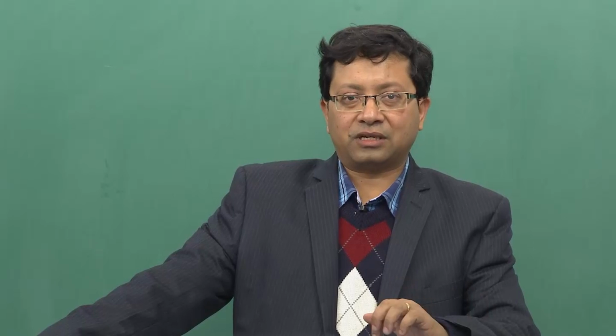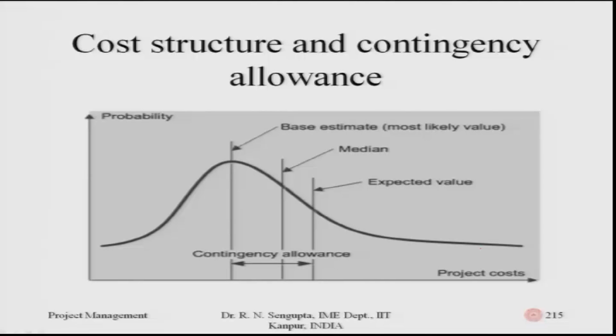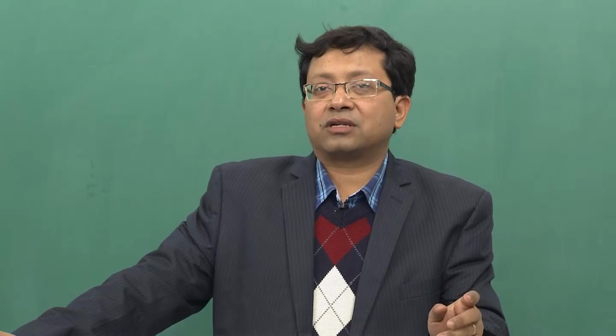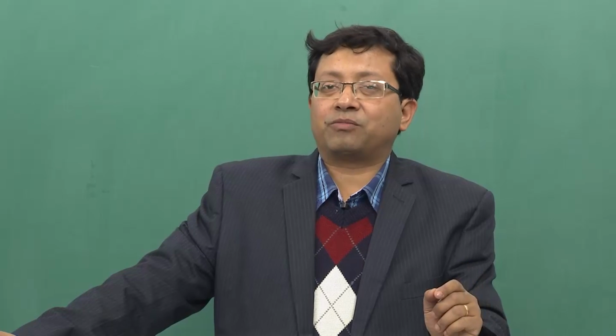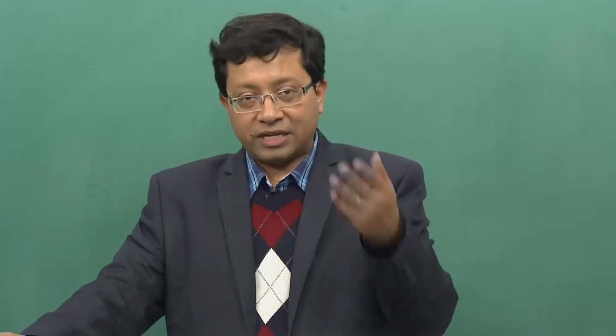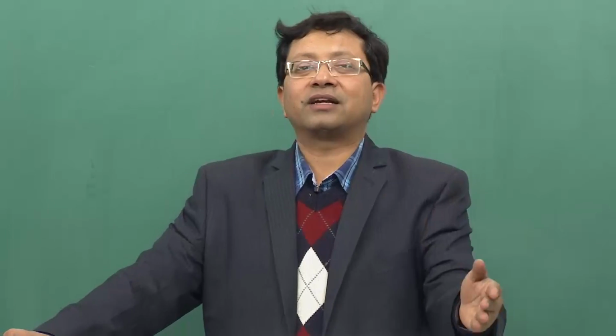So, the graph basically gives you that picture in hand where the probabilities are on the y axis, while on the x axis we give the cost rather than the time. So, cost and time, if you remember, the concept of project management was basically to find out the optimum time where resource constraints were not there, but later on I also mentioned that in general we will be interested to minimize the cost as well as minimize the time, trying to find the best project such that both the objectives are taken into consideration.